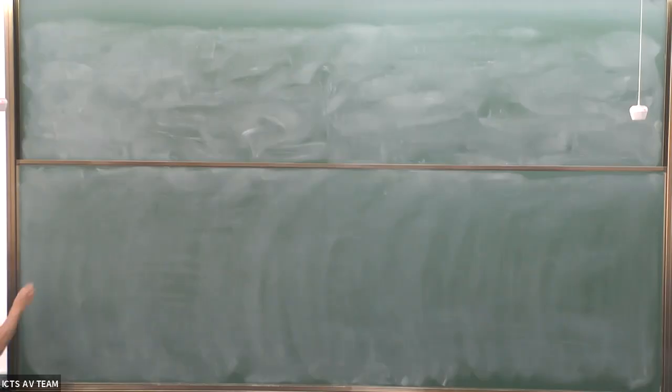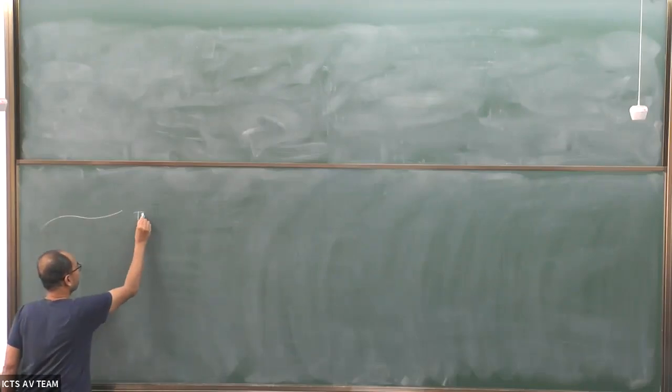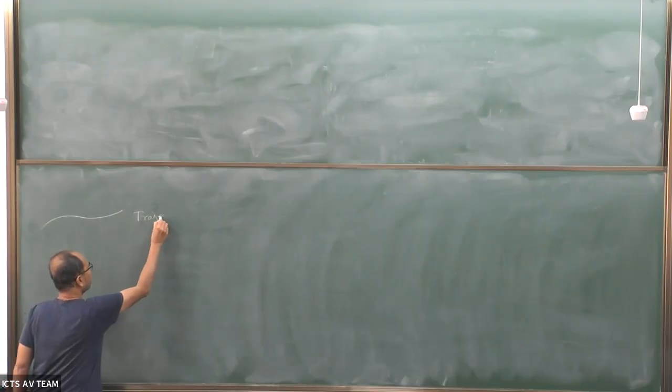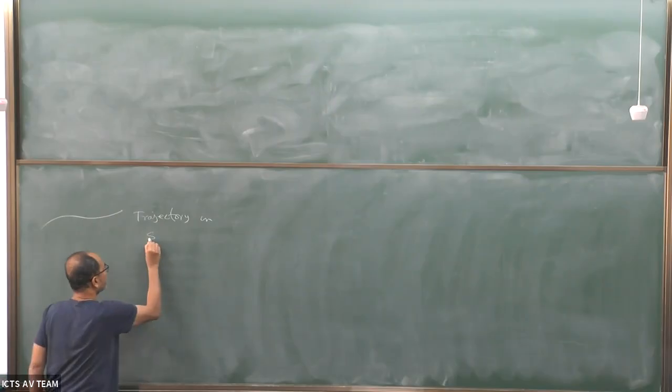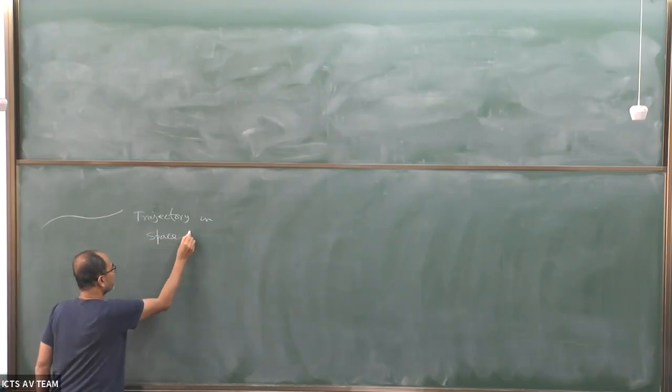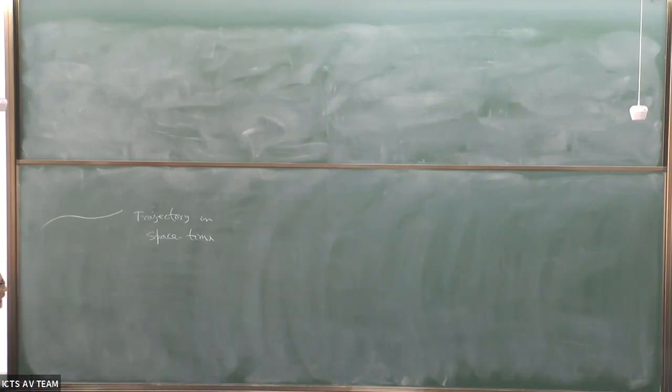So let's suppose that we have a space-time point. Let's suppose that we have a trajectory. So this is a trajectory in space-time. And you have learned that in the absence of any force other than gravity, it satisfies the geodesic equation.